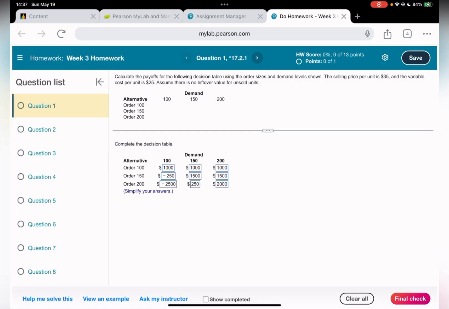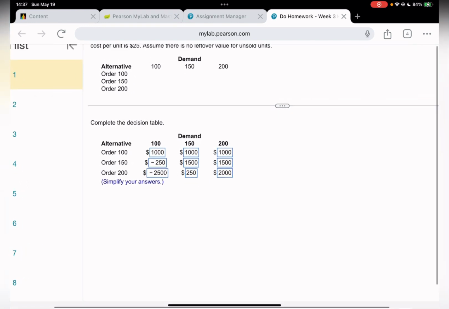What else? I don't even know what to look at.